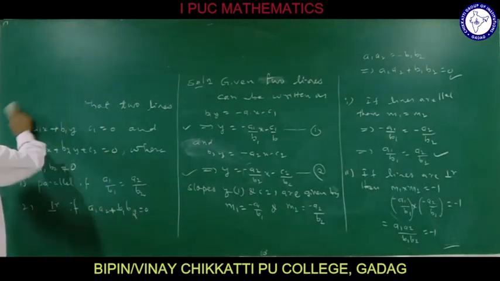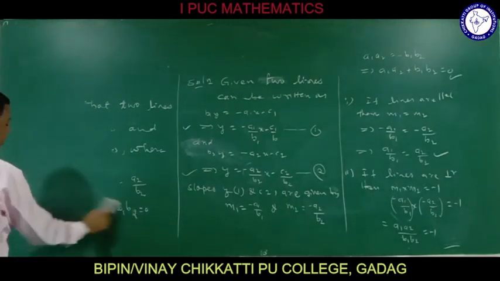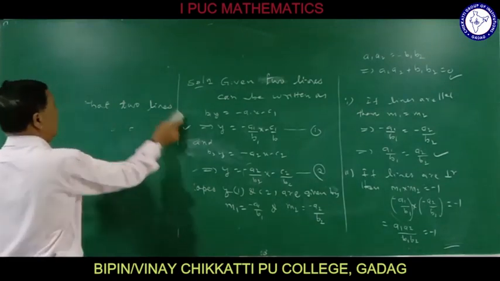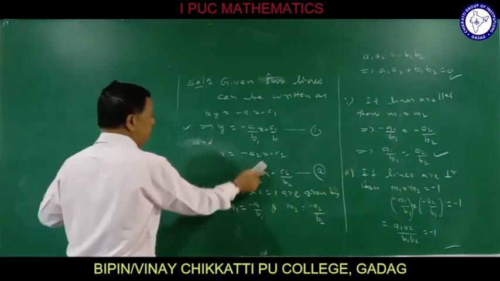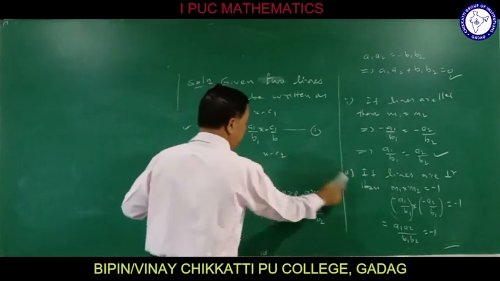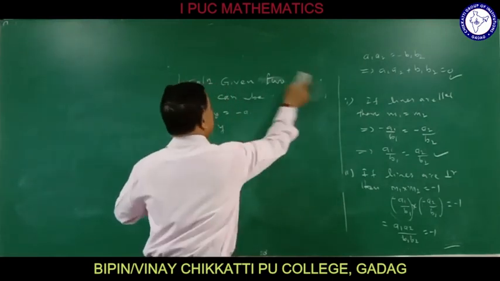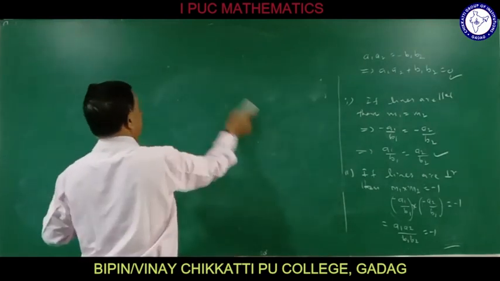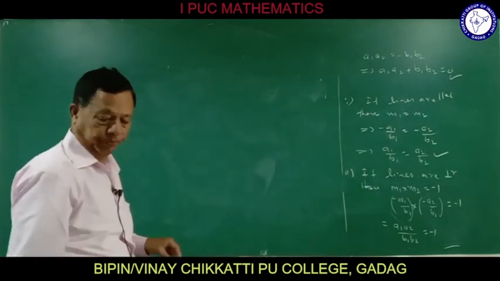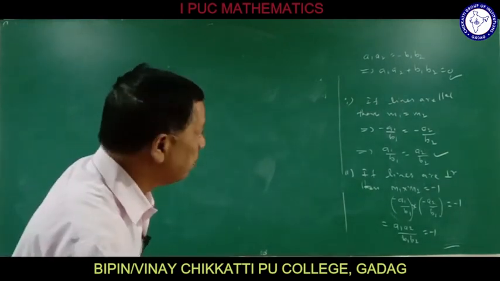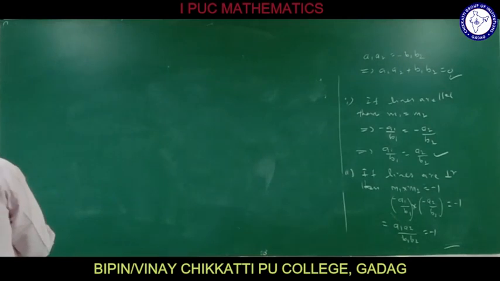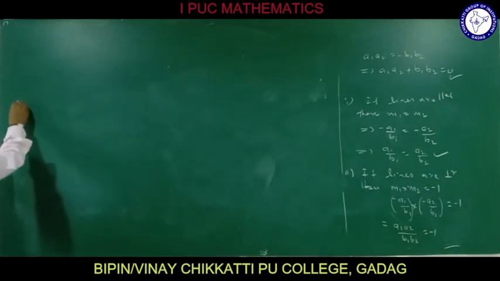Now at last I want to say one more problem, the angle between the lines. When the two lines are given in the general form, how to find out the angle between the lines? See, this is the last problem that I am discussing, problem number 4.